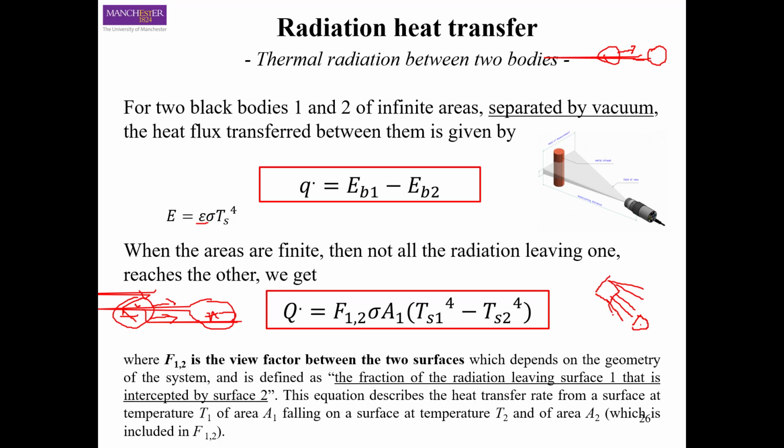So if this energy is not going to touch it, it's not going to absorb it. Okay, so this factor F12 defines to what degree the radiation emitted by the first object is actually falling on the second object and is being absorbed.